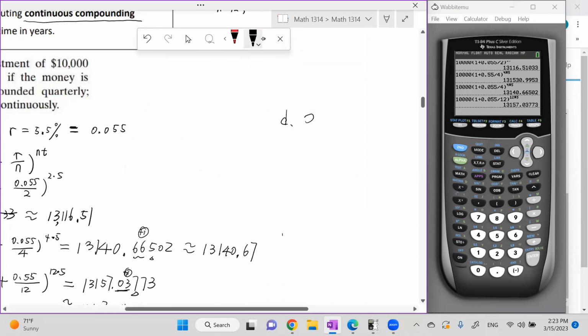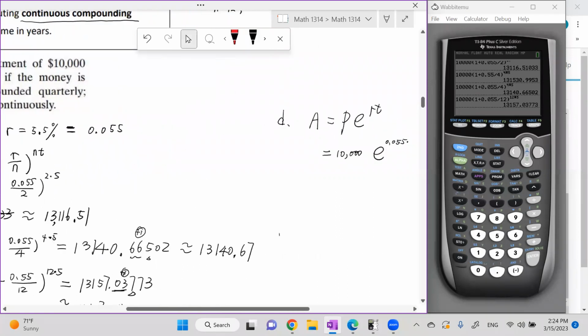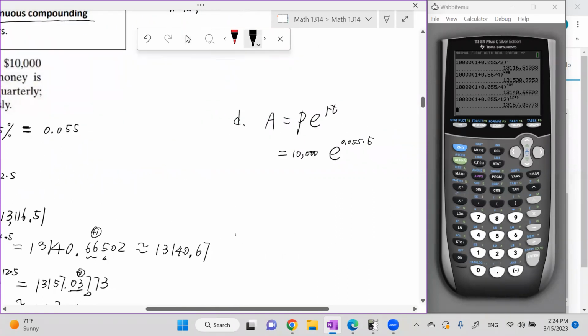Future value A equals P times E to the RT, and the P is 10,000 times E to the R. R is 0.055, and the T, what is the T? I think it's 5 years, right? Yes, T is 5, and then put them into the calculator.